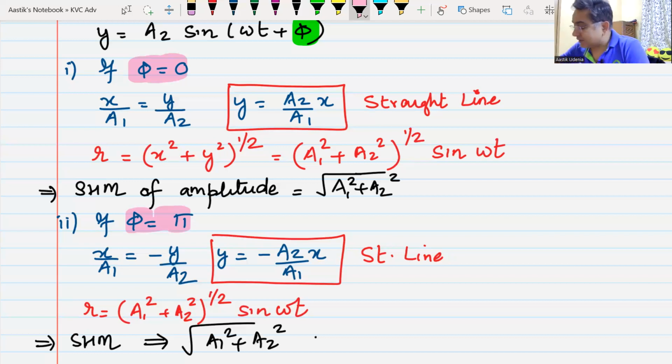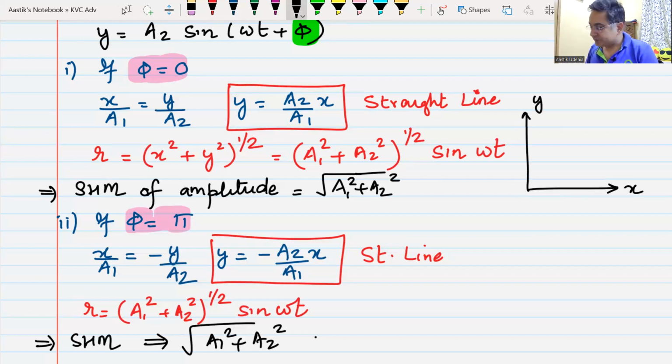the displacement, try to understand. Let me draw the graph here. See, the particle is executing SHM in the x-axis as well as the y-axis. Okay? Do you understand this? Now, the resultant SHM in the first case is going to come like this.